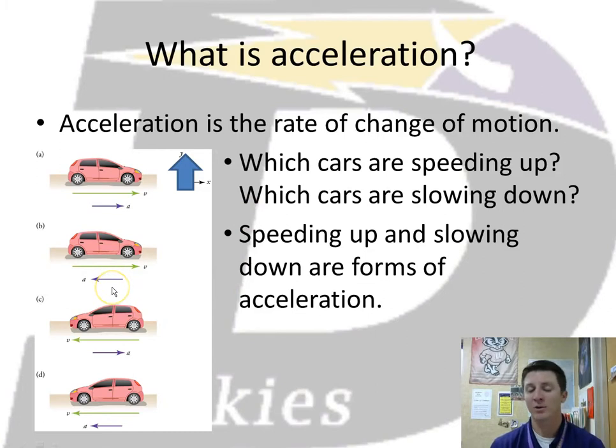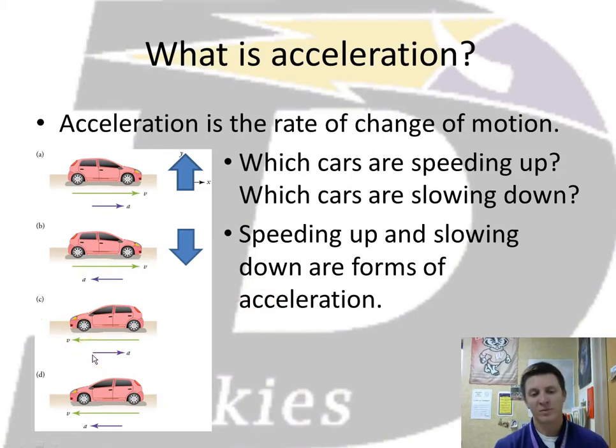Object B, they are going in different directions. Acceleration is working against velocity in this case, so we'd have a negative acceleration versus a positive velocity. That object is slowing down. Letter C is similar to letter B, only the directions have now changed. Negative velocity is to the left, so the object is going to the left.